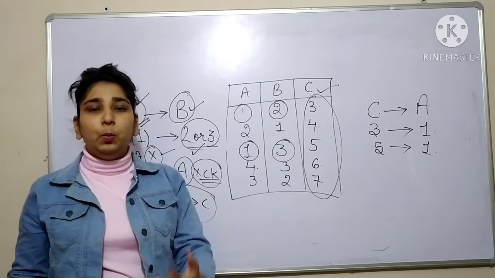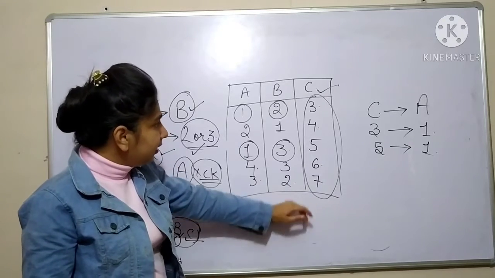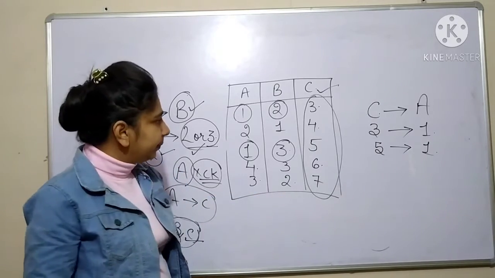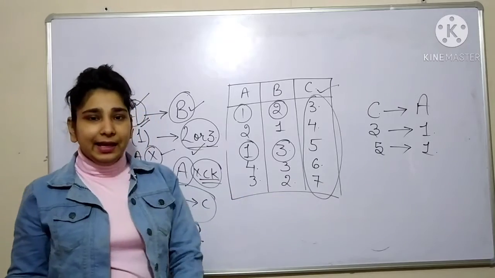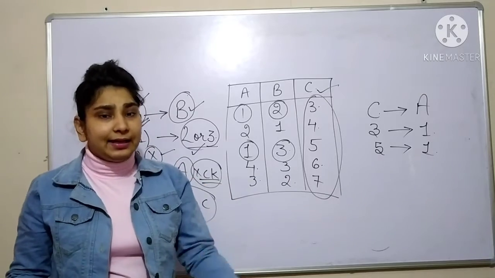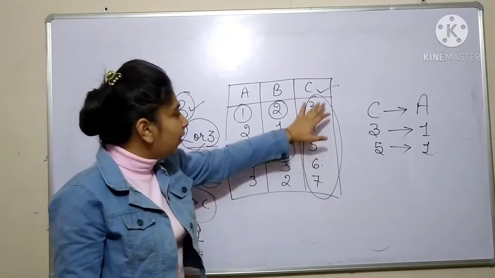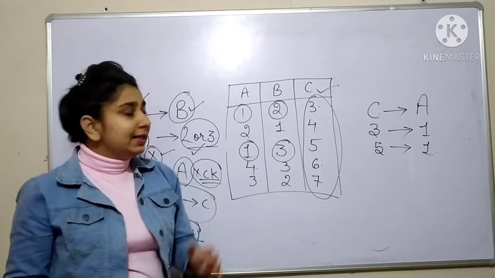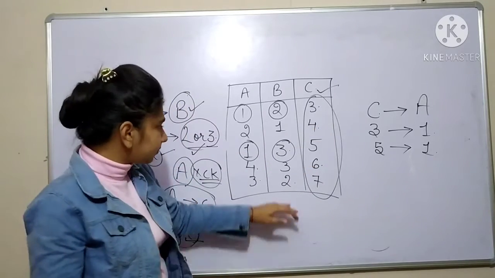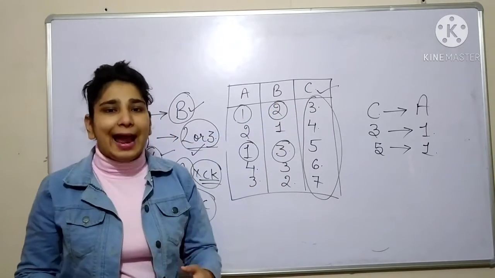You would be getting only one value of attributes A and B. So C can be your candidate key. The simple shortcut to determine whether an attribute is a candidate key: if all of the values of that attribute are different, then you can consider that attribute as the candidate key. So in this case, C is going to be your candidate key.